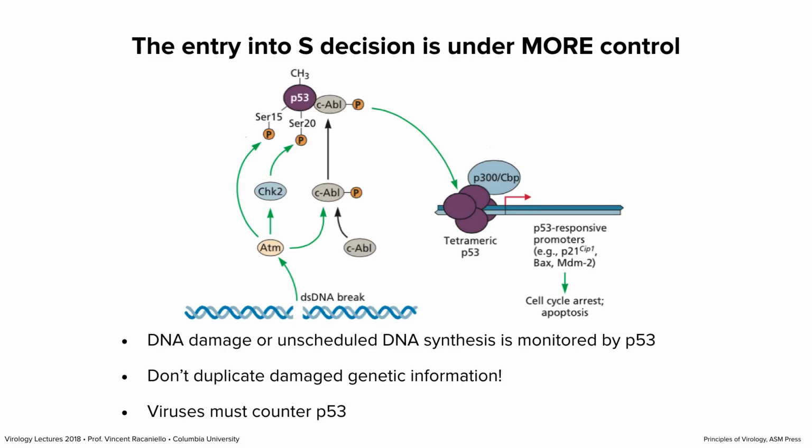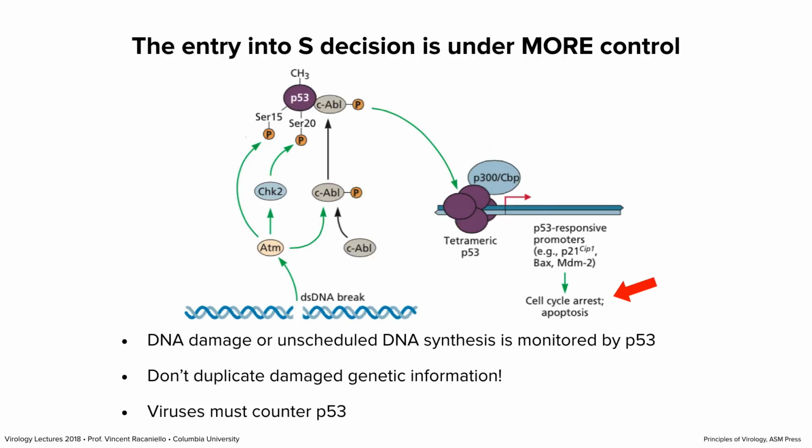So here's an example of that. We have a double-stranded DNA break. The P53 recognizes that. There's a whole sensing system, which you don't need to understand here, that results in modification of P53. It then tetramerizes and activates P53 responsive promoters of genes that cause cell cycle arrest and cell death.